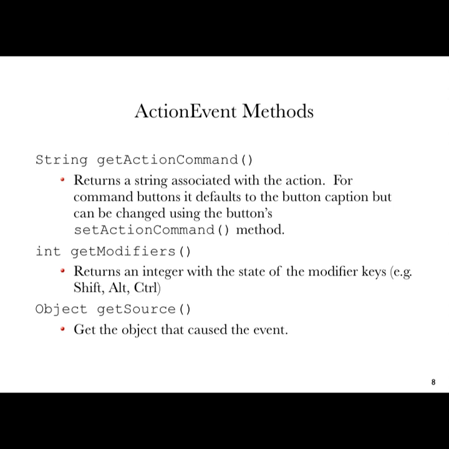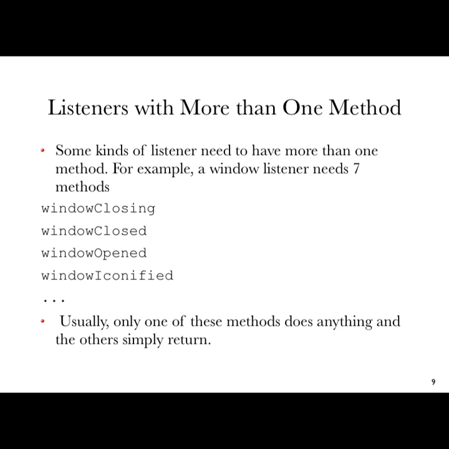And there's also a little method which allows you to say what object caused the event. I don't know whether these are particularly useful. A lot of the time you've structured your program so you'd know what that was.